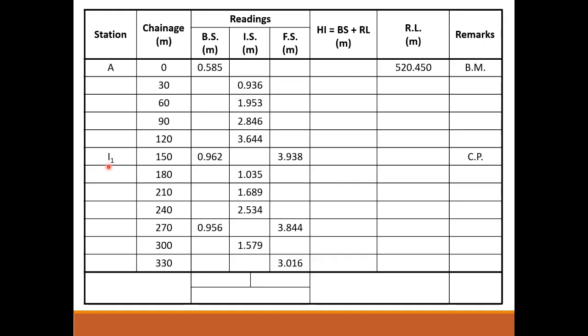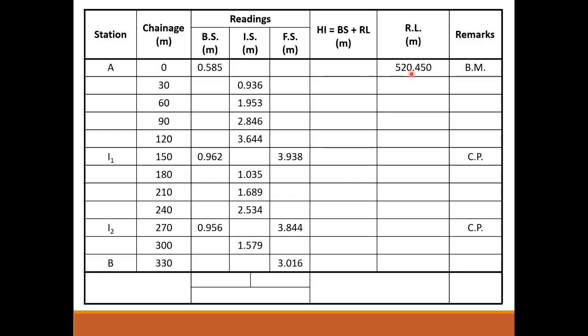We name it as point I1, which is indicating the intermediate point somewhere between A and B, which were our main stations. Similarly, I2 is the second position of the instrument after changing. This is the change point again, and the last station as B station.